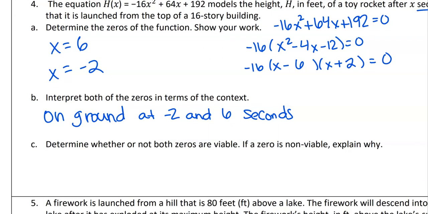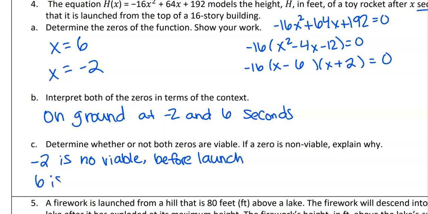Are both of these solutions going to be viable? Which one is not viable? Negative 2 is not viable. How come? Time, not yet. We cannot go back in time yet. With my time being 0, that shows when they actually launched the rocket. So negative 2 is not viable, because that would be before the rocket even launched. 6 is viable.